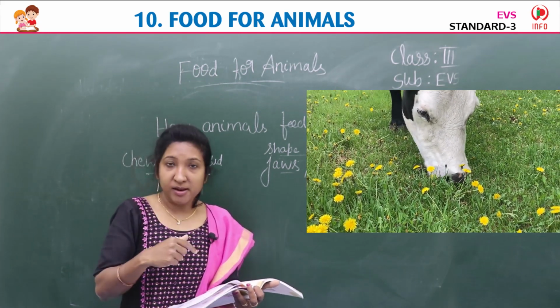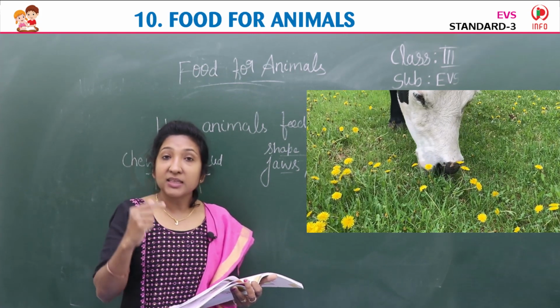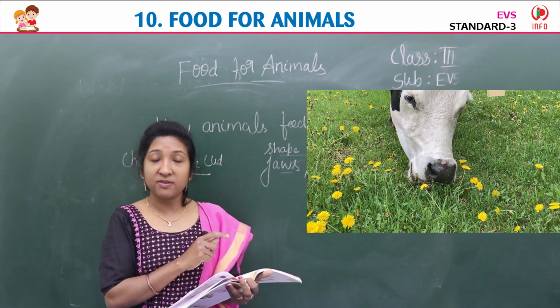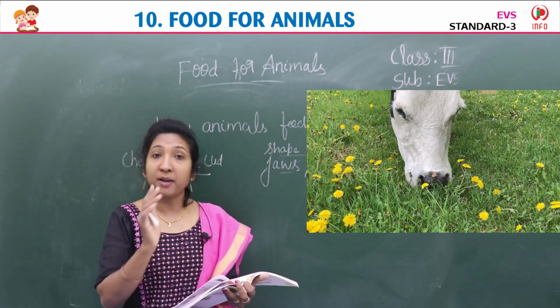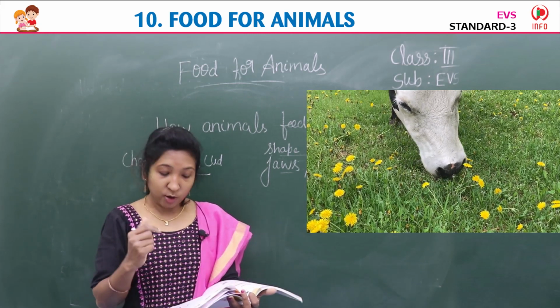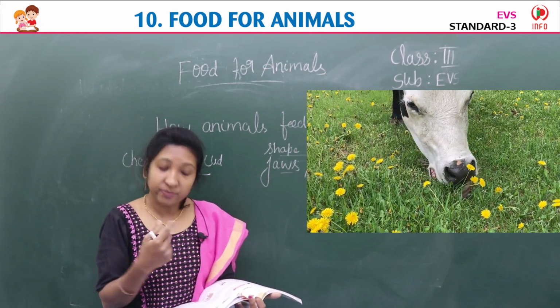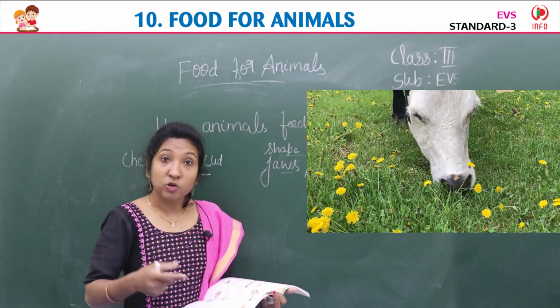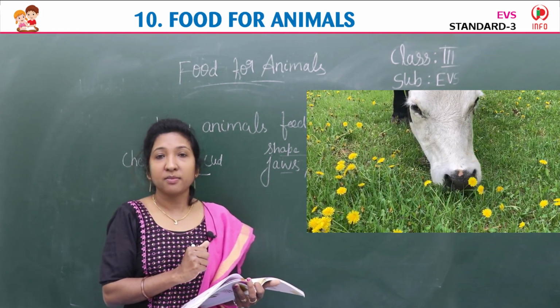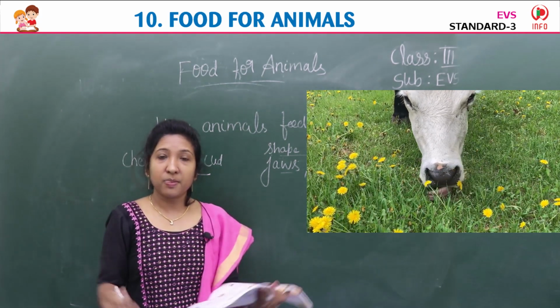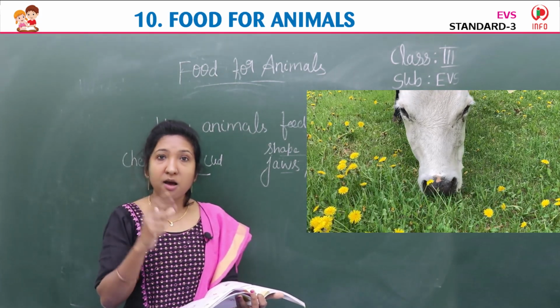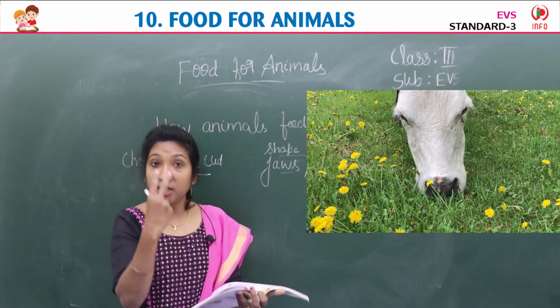So these are the animals that eat only plants, or we say grass-eating or plant-eating animals. How the teeth will be, children, you know? Strong teeth, wide, then sharp, biting teeth to bite.